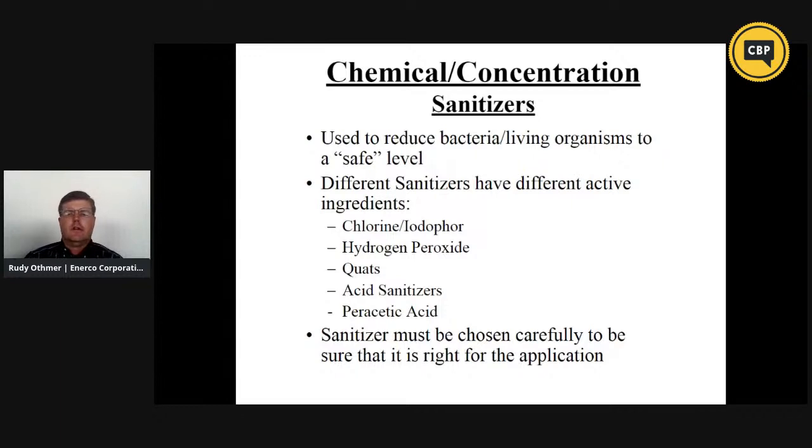No rinsing necessary. Being EPA registered, they have had to prove their efficacy at reducing our bacteria and living organisms to a safe level. Now, they don't get them all the way to zero. There's not a reduction totally to nothing, but they're effective for reducing to a safe level.